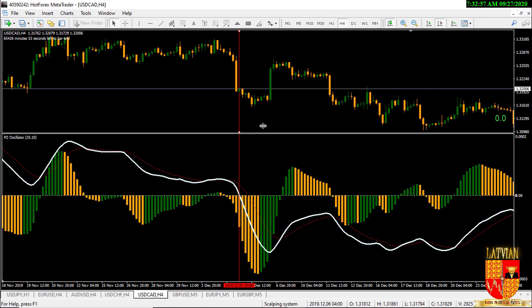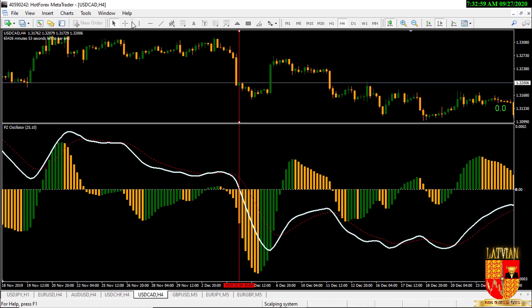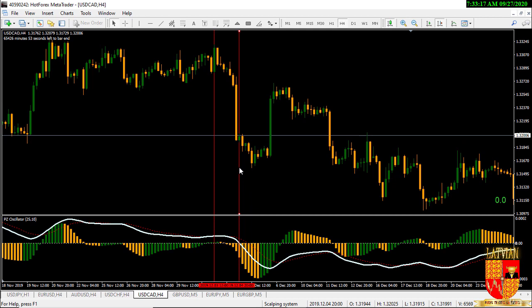So if we do this, you'll notice that we do have a high right there, okay. This one, this was the last swing high, okay, as shown by your MACD histograms. And then you notice that we would have been waiting for this impulse move to the downside to end and the retracement to start, and it started right there, okay.